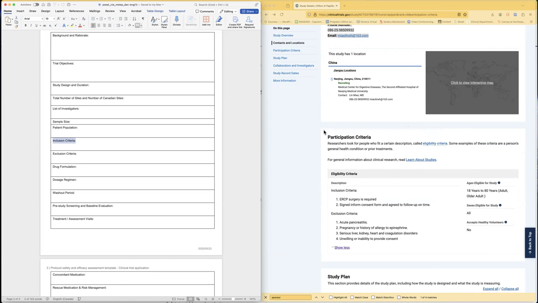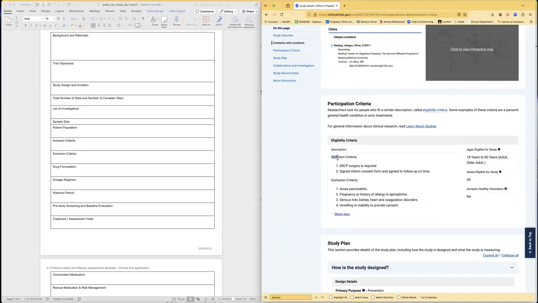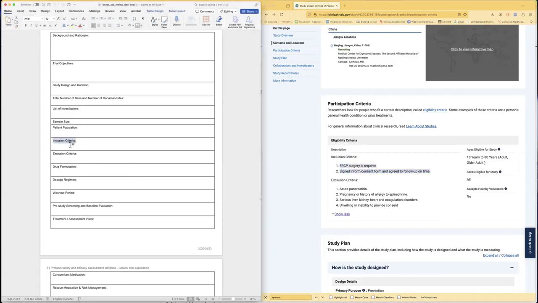And here again, I chose a clinical trial on a combination product, which is again the combination of a drug and a medical device. And then I'll search for the eligibility criteria. So the inclusion criteria is here, and I just look into the inclusion criteria. So I'm going to just write these criteria in the box in the PSEAT form.